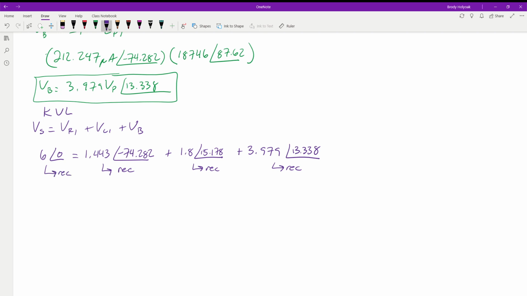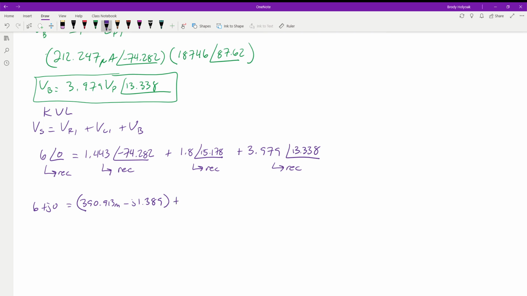So after we do that, we end up with 6 plus j of 0 is equal to 390.913 milli plus minus j of 1.389.